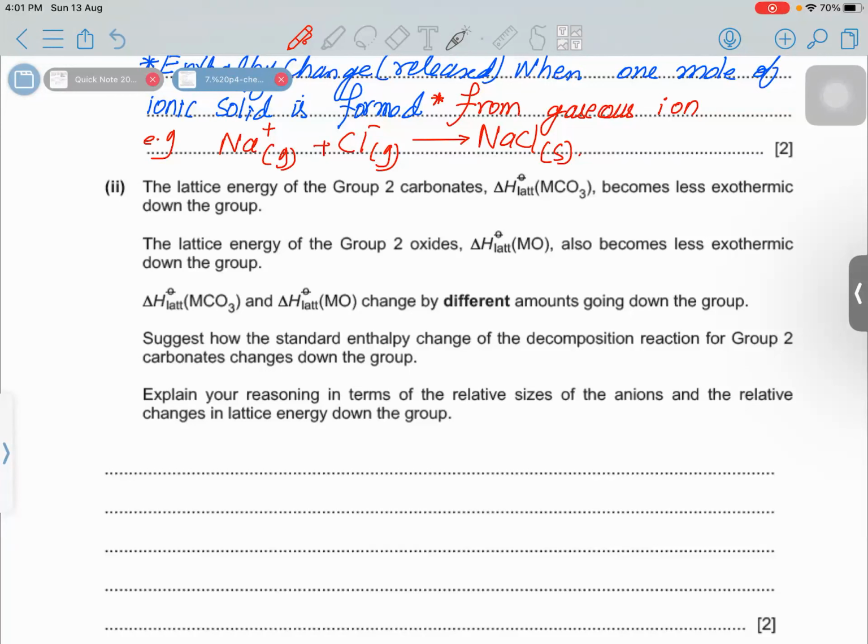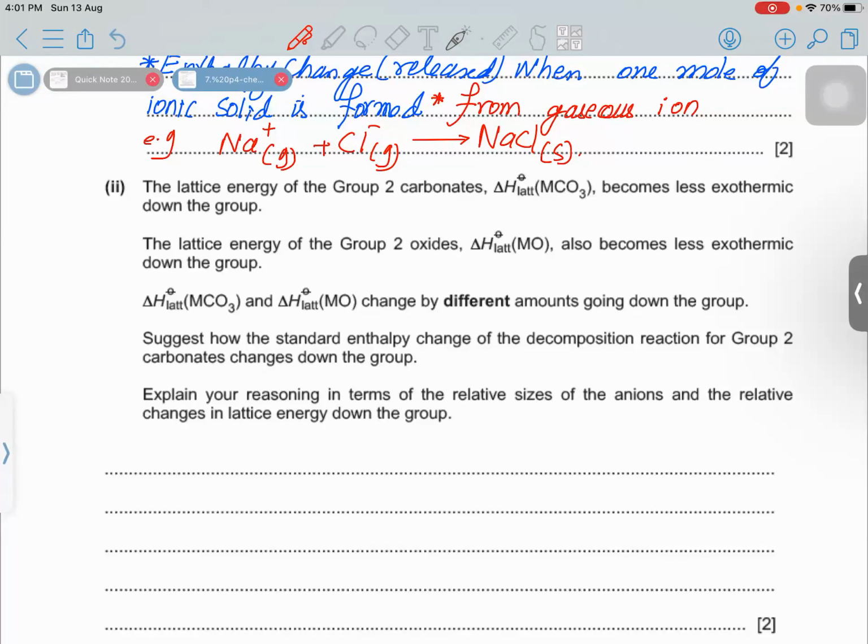As you know that for decomposition we have 2 factors, right? Polarizing power of cation, and distortion of anion. Have you remembered ACE inorganic group 2? Yes, sir. Group 2.